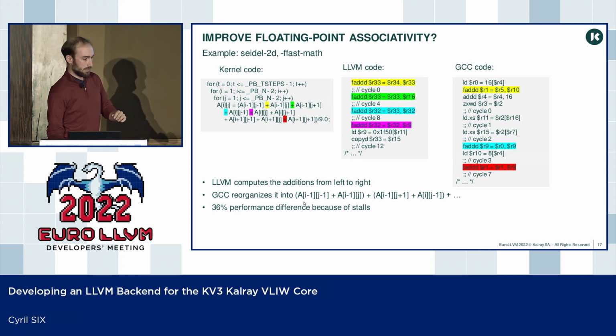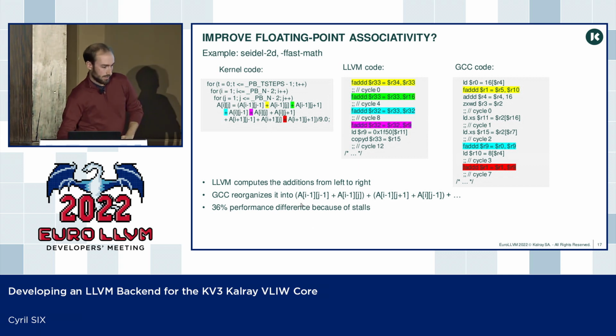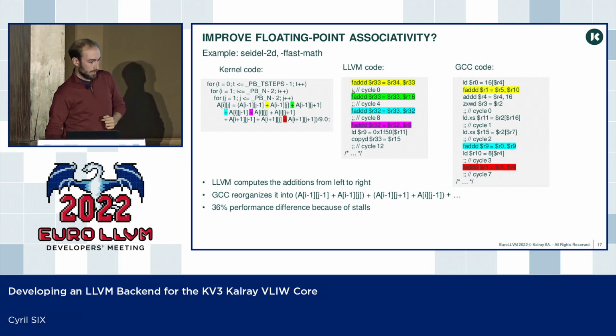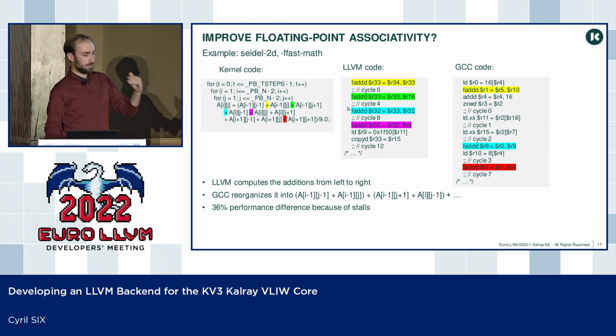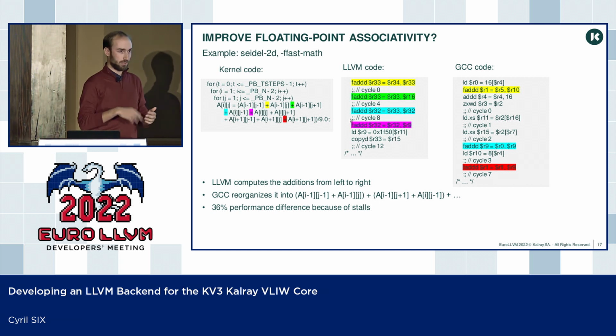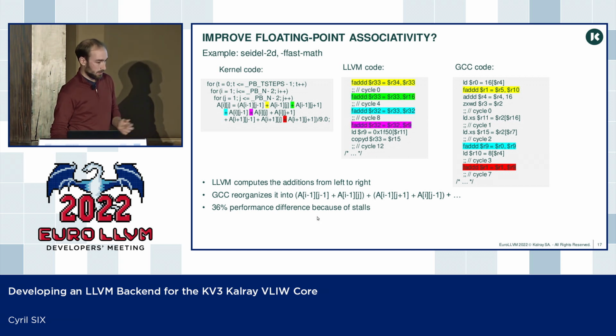So instead of going from left to right, it will add the first two, then add the third and the fourth, etc. Because of this, the GCC code has fewer stalls than LLVM's because there's less data dependency. In LLVM, with that code, we stall every time. Since a floating-point instruction takes 4 cycles, you stall for 3 cycles every time. In this benchmark, I noticed a 36% performance difference because of these stalls.